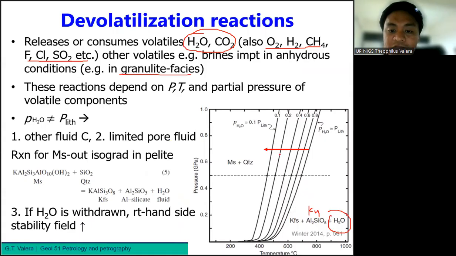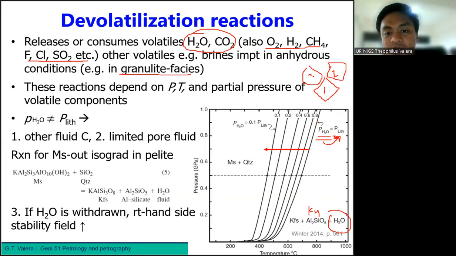So what happens if yung amount ng water that is present as volatiles is not equal to the lithostatic pressure? Kunwari, in this scenario the pressure of water is equal to P lith. That means lahat ng available spaces in between grains, kunwari this is grain 1, grain 2, is filled with water.